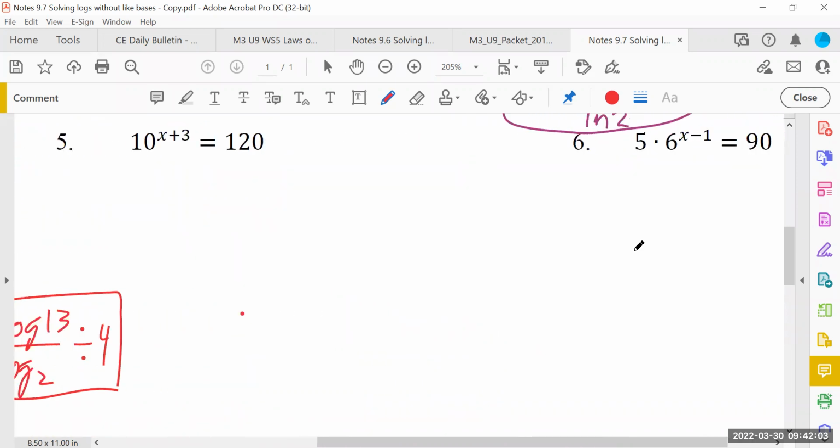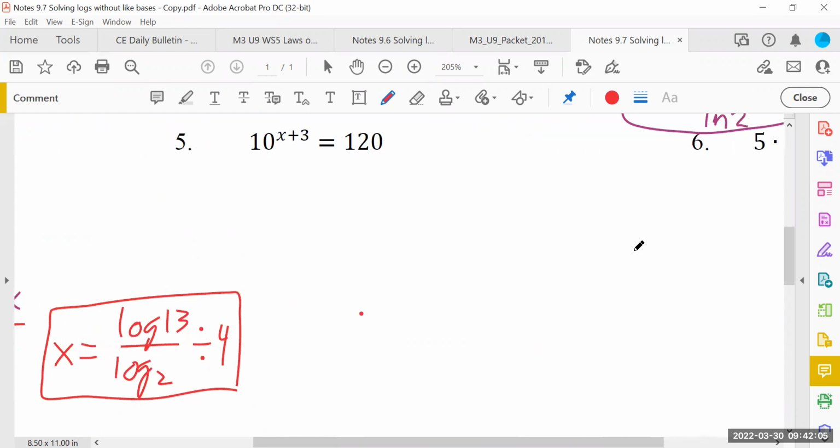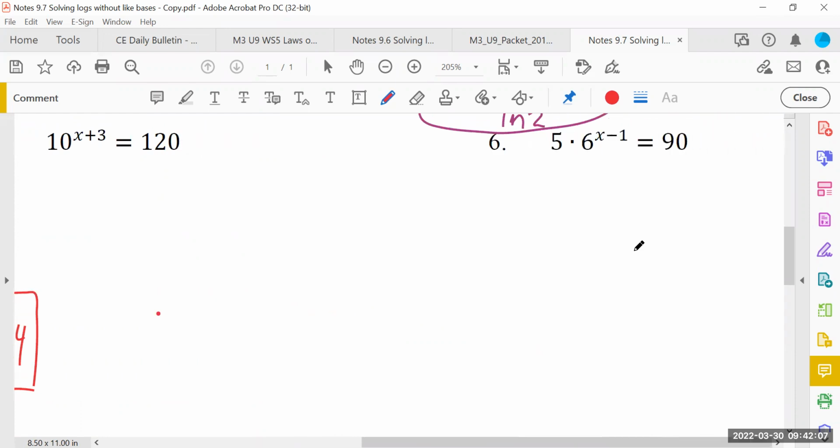All right, let's skip number 5 and look at number 6. Last one that I'm going to do, and then you guys can try 1 or 2. Number 6, divide both sides by 5. 6 to the x minus 1 equals 90 divided by 5, 18.